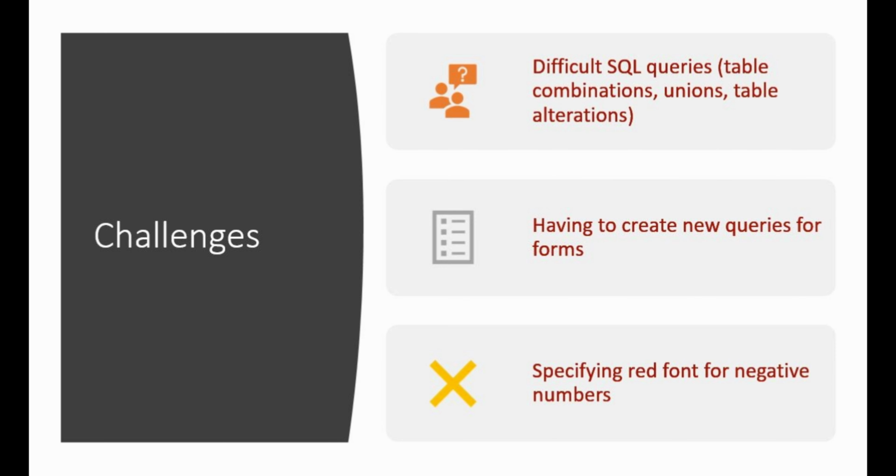For phase 1, there were many difficult SQL queries that required table combinations, unions, table alterations, etc. For phase 2, a challenge that we had was having to create new queries for forms. And for phase 3, specifying the red font for negative numbers was difficult.